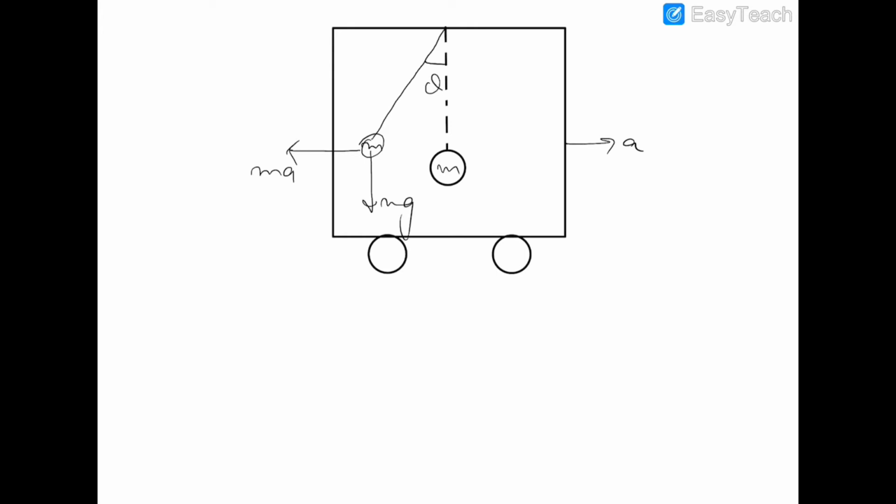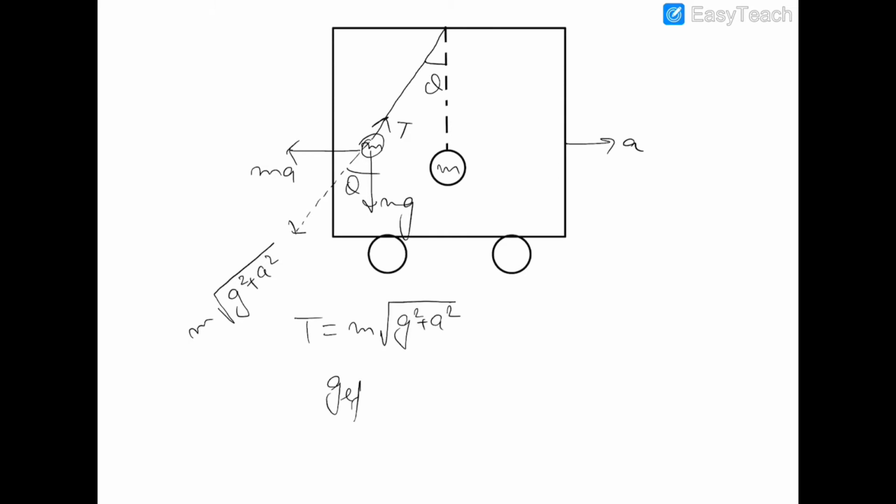If this angle is theta, then this angle would also be theta, and this tension T will be equal to m under root of g squared plus a squared.